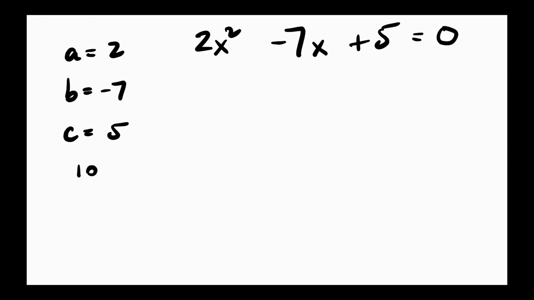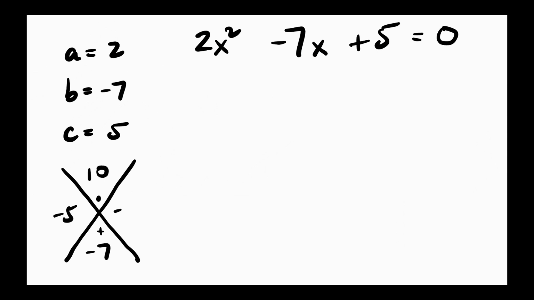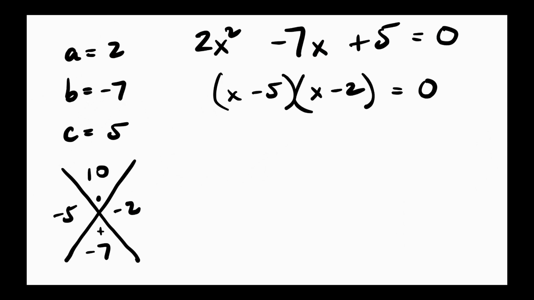Okay, so what numbers? Let's see. They've got to multiply to be 10 and add up to be -7. All right. -2, -5. Now we're cooking. So put those numbers back, -5 and -2. What's my next step?